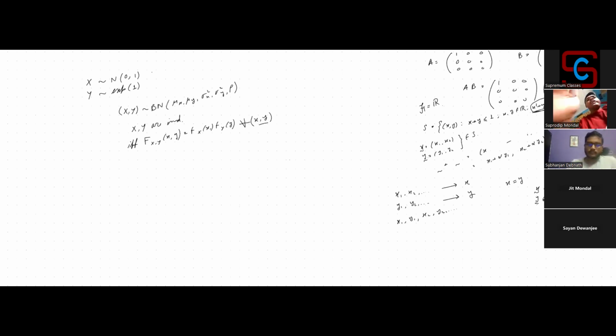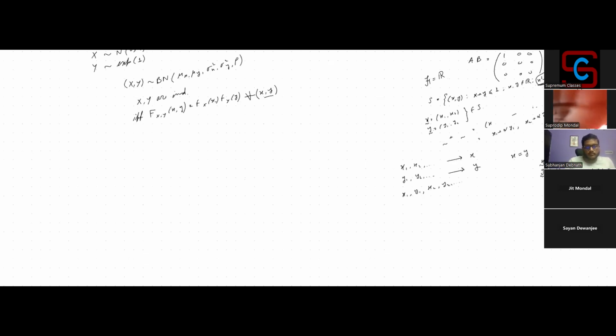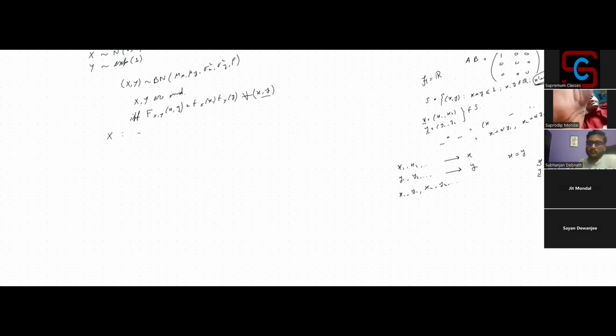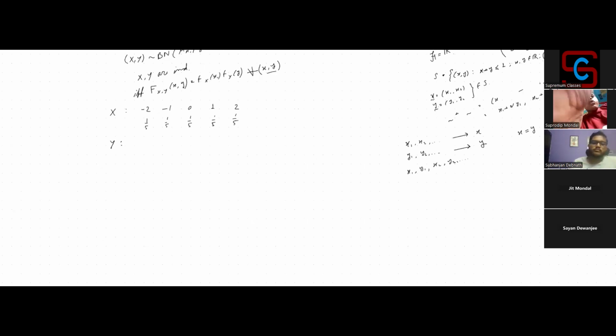The discrete one can be done like this. X takes values minus 2, minus 1, 0, 1, 2, with probability 1 by 5 each, and y takes values 4, 1, 0, 1, 4 with the same probabilities.